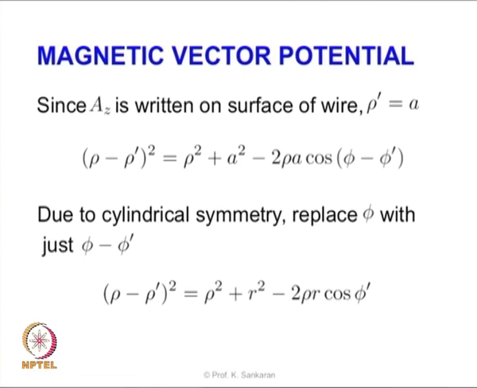Due to the cylindrical symmetry we have considered, we can replace the value of phi with just this value. So now we get (rho minus rho prime) squared is equal to rho squared plus a squared minus 2 rho a cos of this angle.